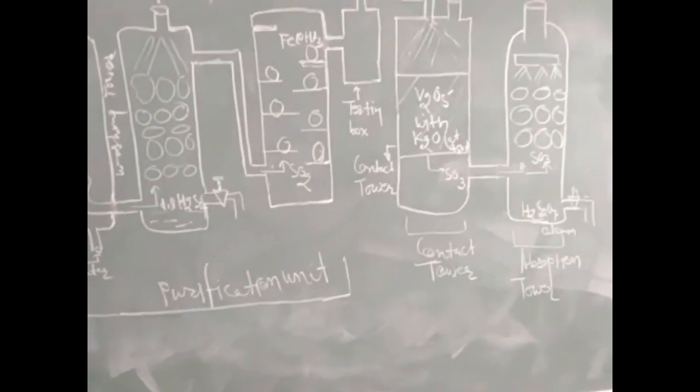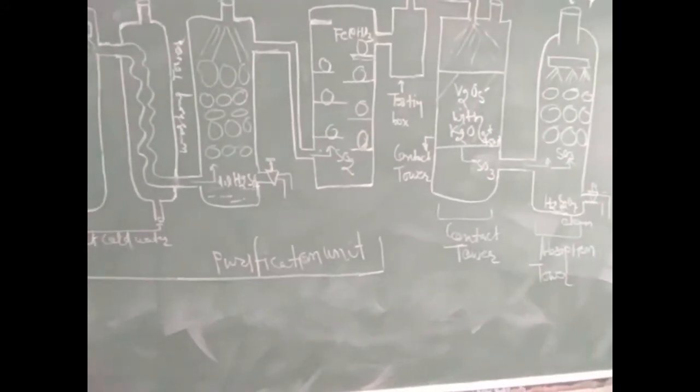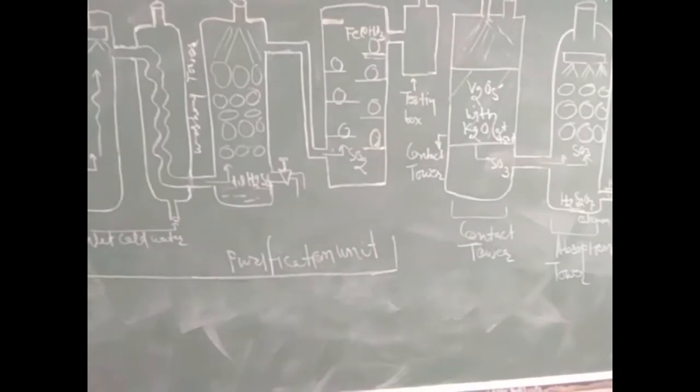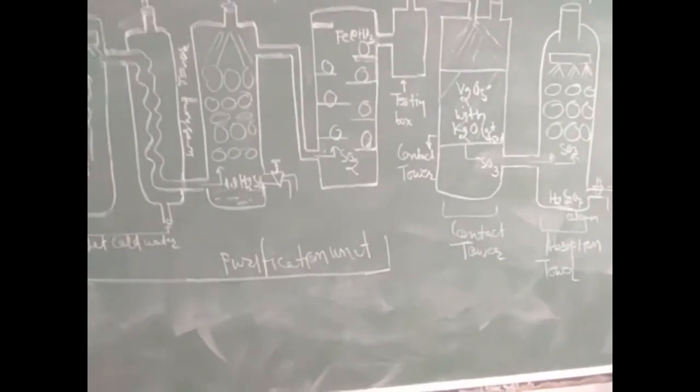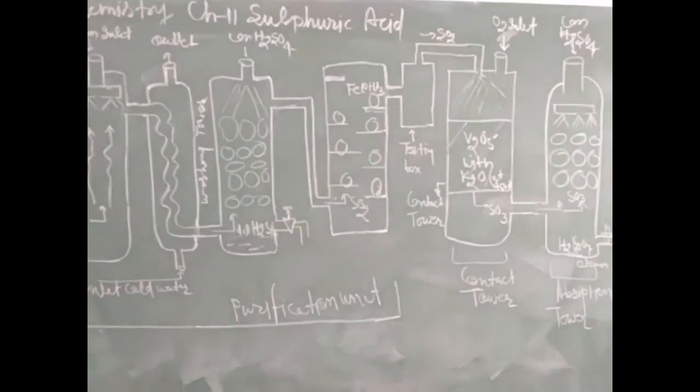After describing this overall diagram, we will discuss the overall chemical reactions taking place in this process. But before the end of this part, we want to discuss the formation of sulfur trioxide.